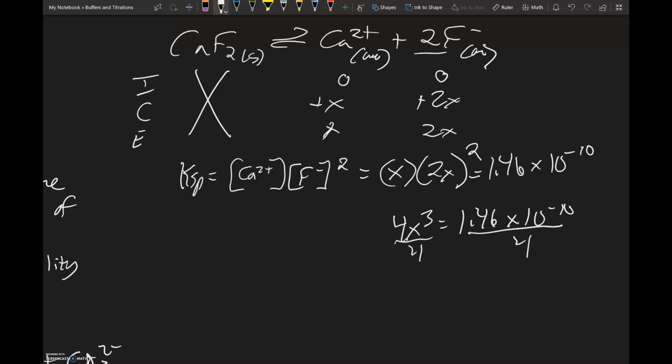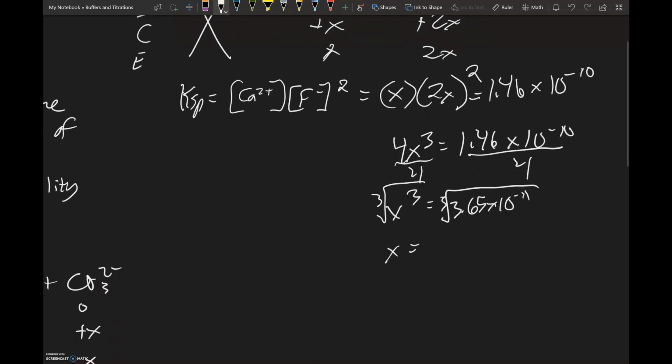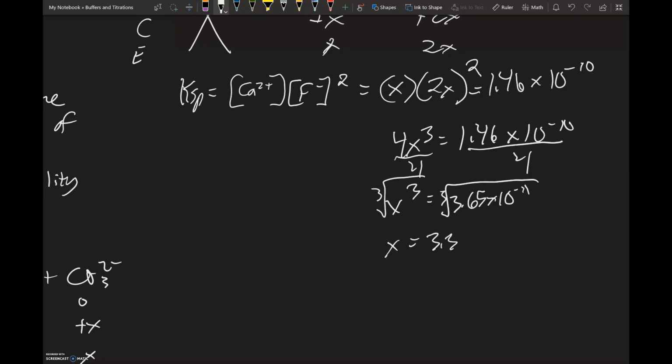Alright, we're going to divide by 4 to begin with, and then we're going to take the cube root of that. So x cubed is equal to 3.65 times 10 to the minus 11. And then we're going to take the cube root of each side here, and we get x to be equal to 3.32 times 10 to the minus 4 molar.